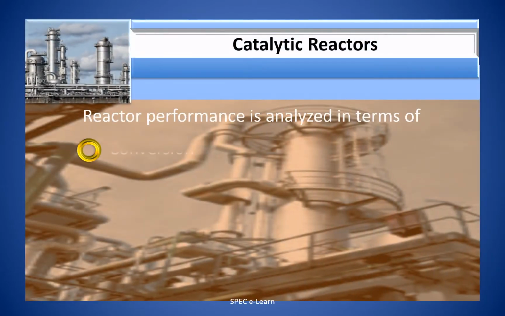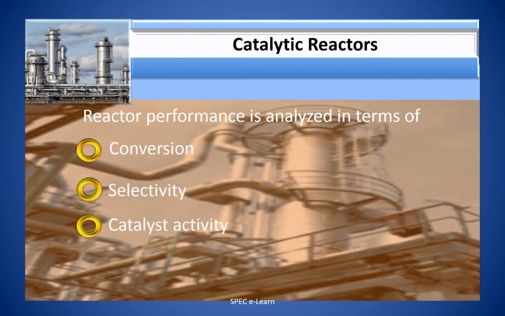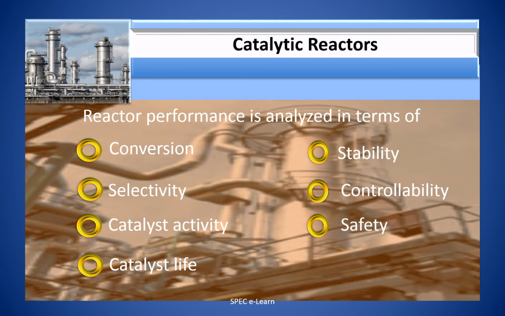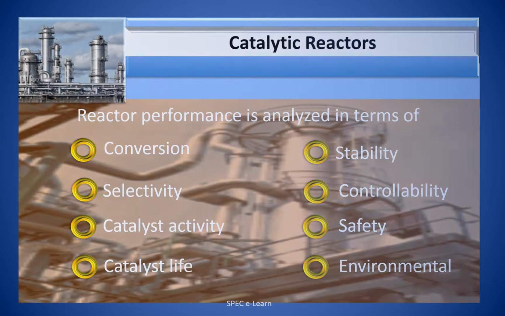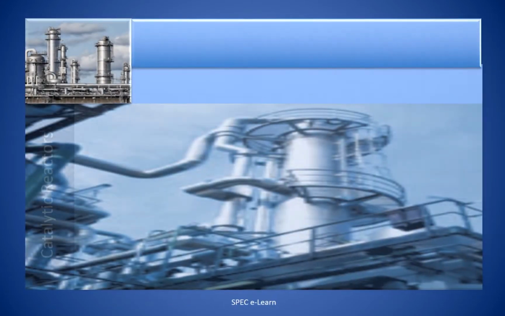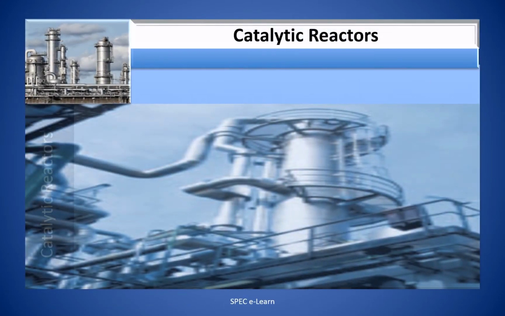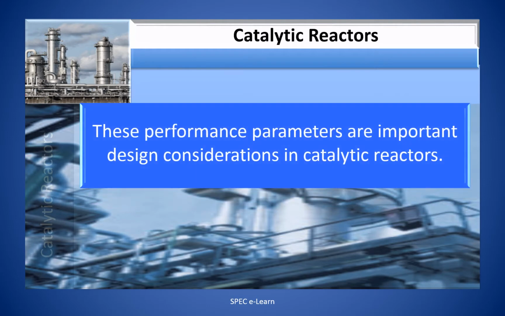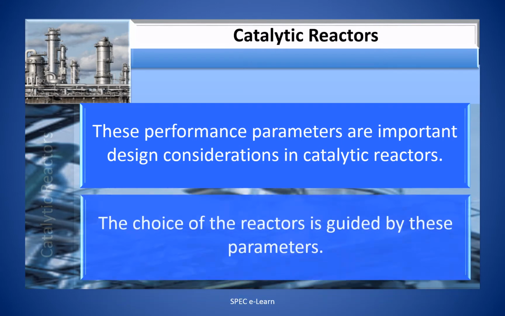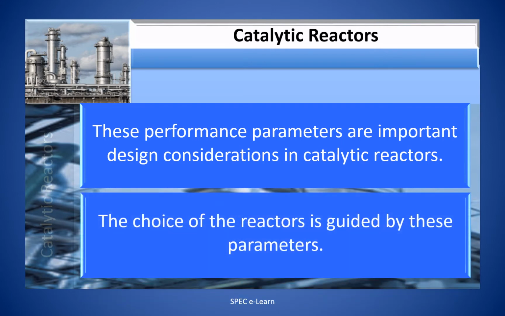The reactor performance is analyzed in terms of conversion, selectivity, catalyst activity, catalyst life, stability, controllability, safety, and environmental issues. These performance parameters are important design considerations in catalytic reactors. The choice of the reactors is guided by these parameters.